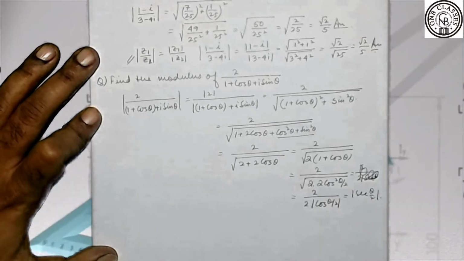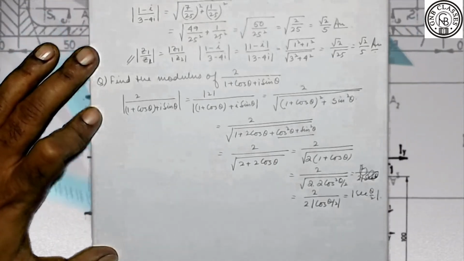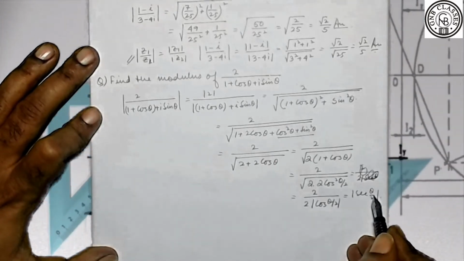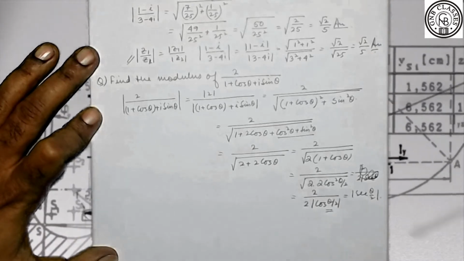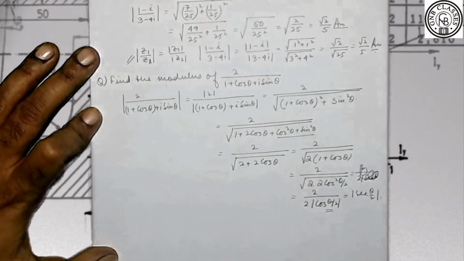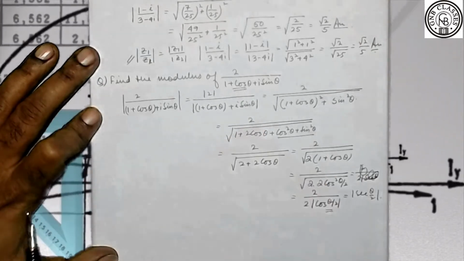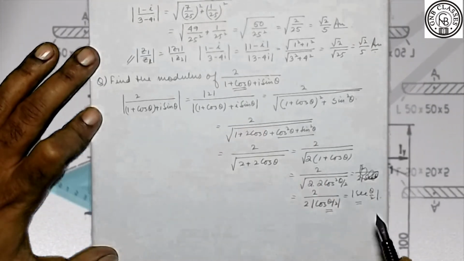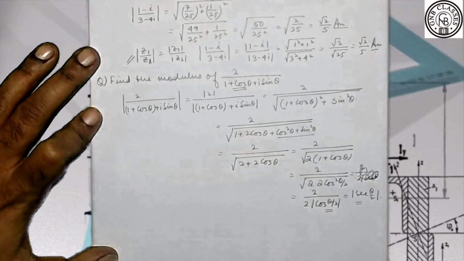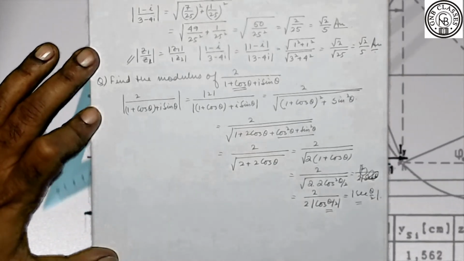Because we know that anything coming out of a root sign always comes with a mod sign. We don't know anything about theta. That is why we have given the mod sign over there. Is it clear? Therefore, the modulus of the given complex number is nothing but mod of sec theta by 2. Okay, let us move to another problem.